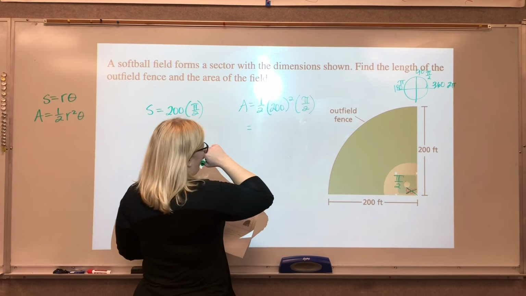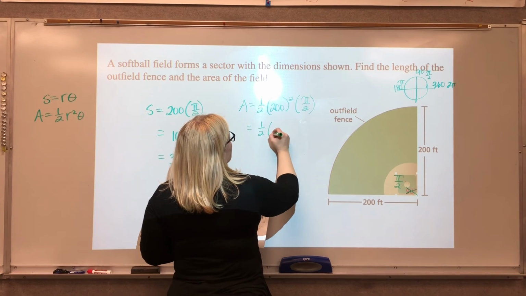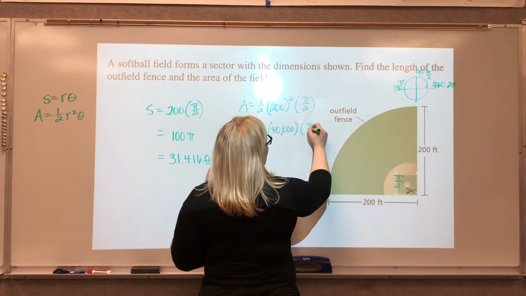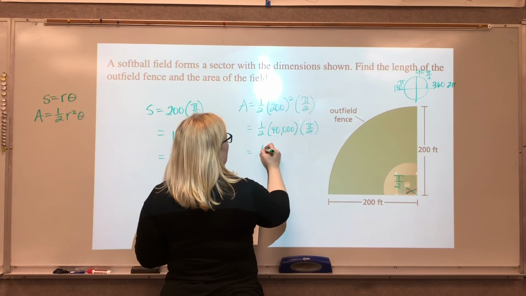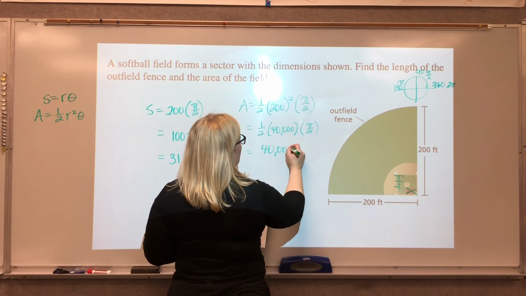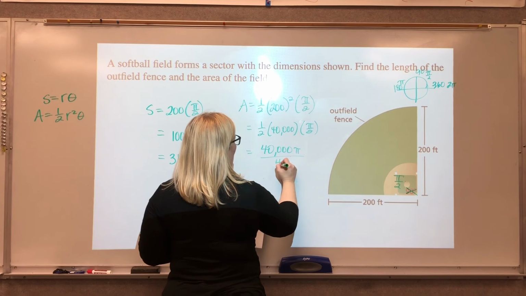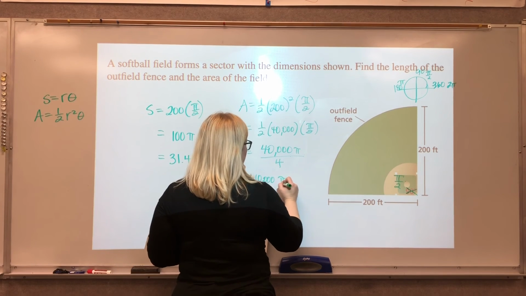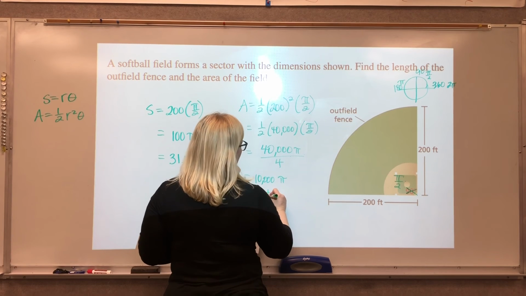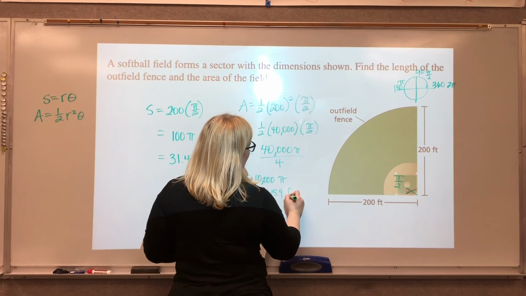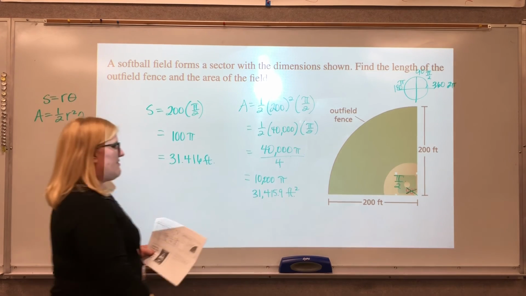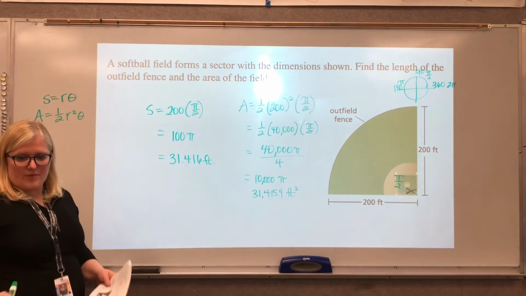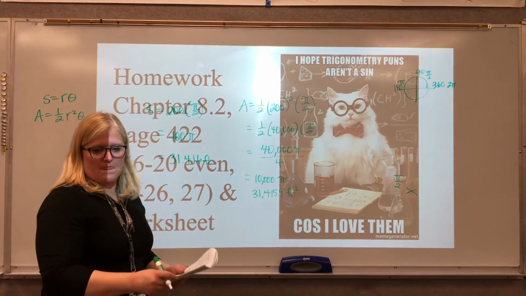This is going to be 1/2 times 40,000 times pi over 2, which turns out to be 40,000 pi over 4, which is 10,000 pi, which is 31,415.9 feet squared. And that is the dimension of this softball field. Okay, so that's what I've got for you.